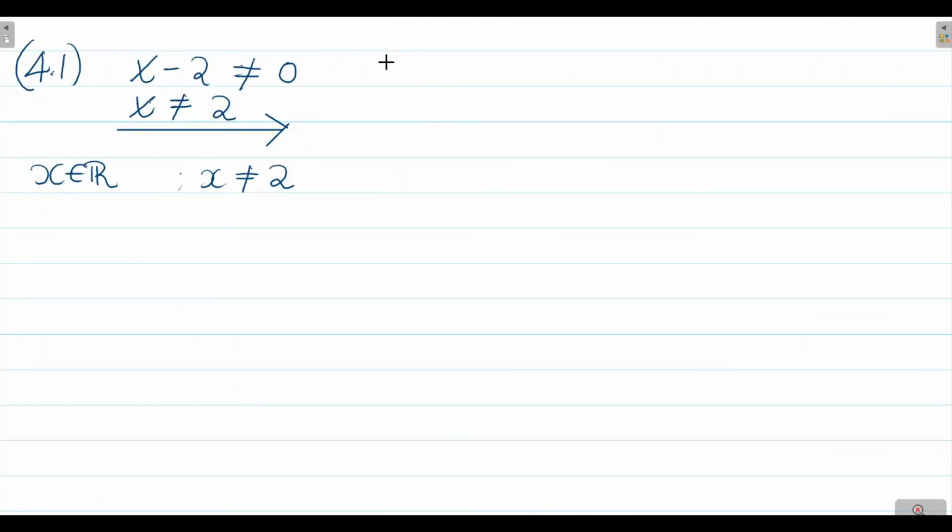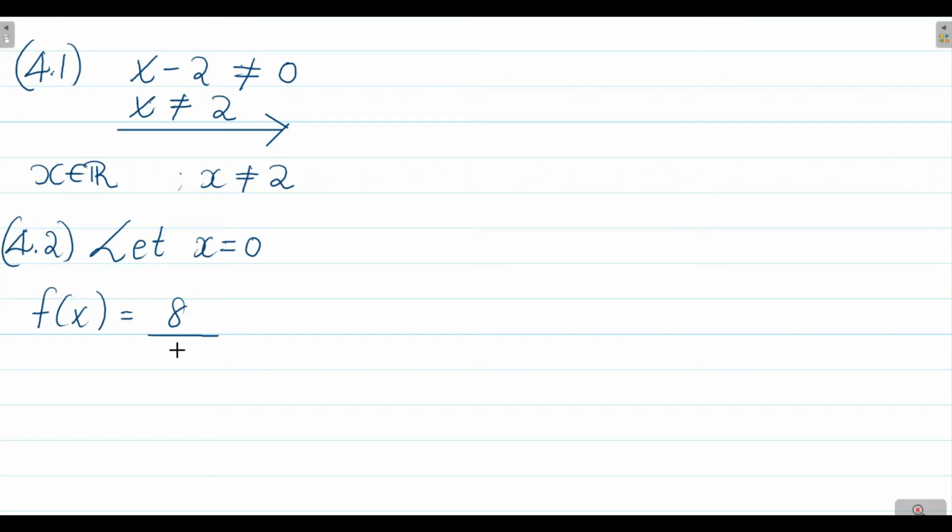So to get the y-intercept, what do you do? You let your x equal to 0. To get the y-intercept, you need to let your x equal to 0. Here's the function: we know that f of x is equal to 8 over x minus 2, plus 2, and we need to let x equal to 0.